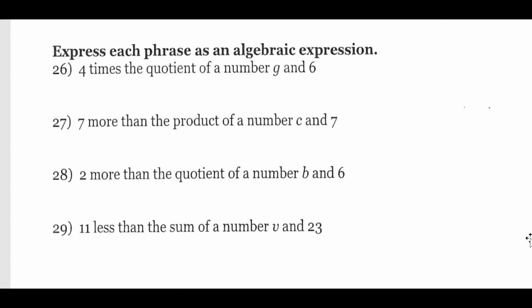And lastly, we got some problems where you want to use your word chart again to write some algebraic expressions. So it says 4 times the quotient of a number g and 6. So this is 4 times the quotient of a number g, 6, right? Something like that.